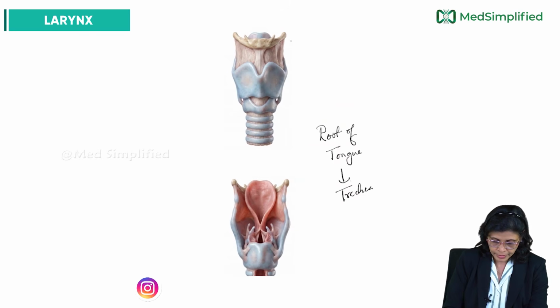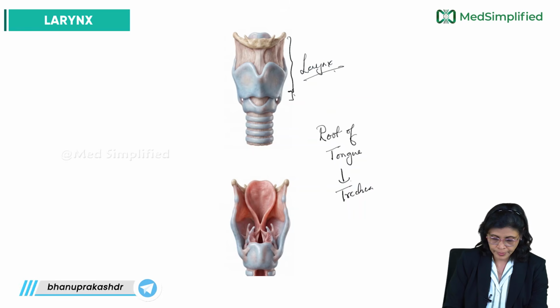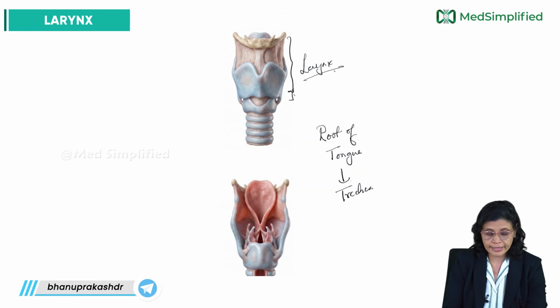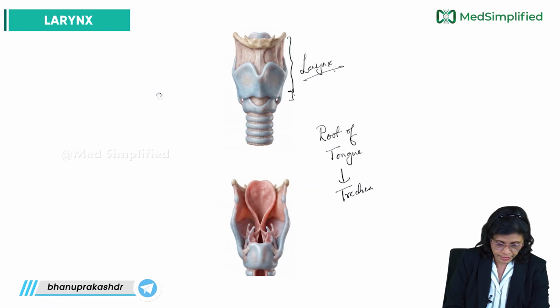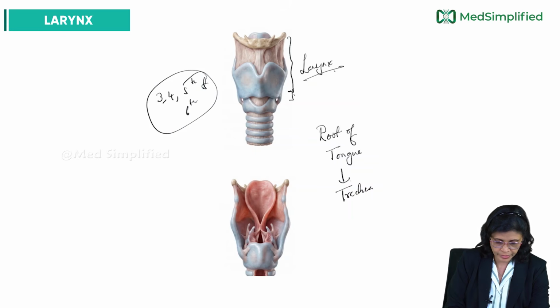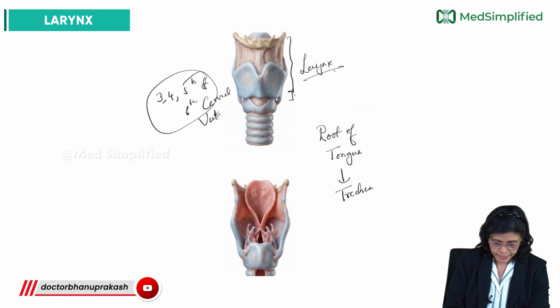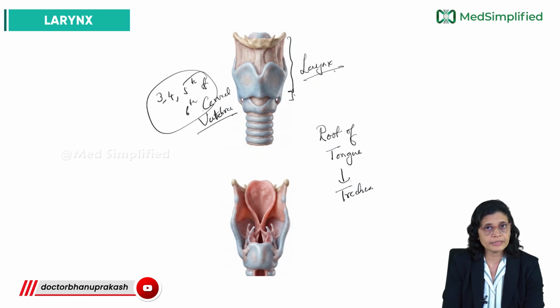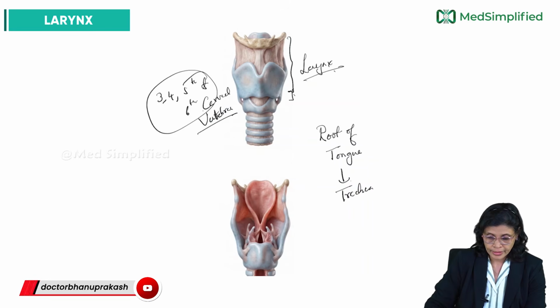So this part will be the larynx. It lies in front of the third, fourth, fifth and sixth cervical vertebrae, so it will be in relation to these four cervical vertebrae. In children and in females, it will be at a slightly higher level.